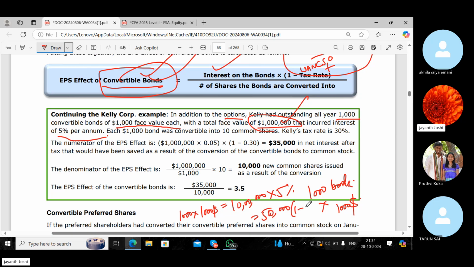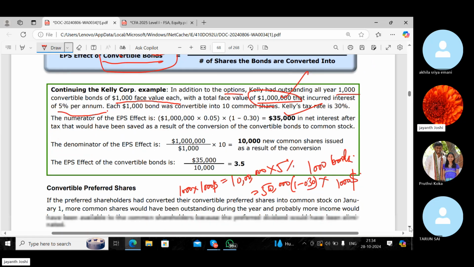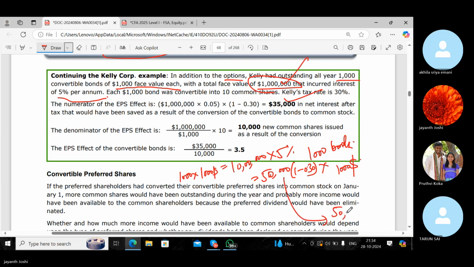But it is multiplied by 1 minus tax rate 0.30, so I get 35,000, because I take only 70% of this. Okay, so I got the numerator part. Now the denominator. So numerator is done. This would not be given to the bondholders. This belongs to equity holders now.